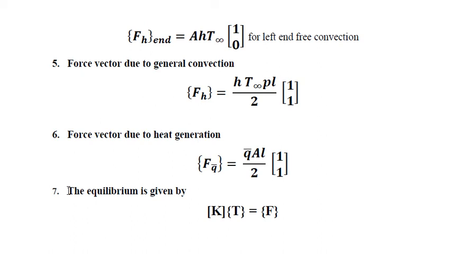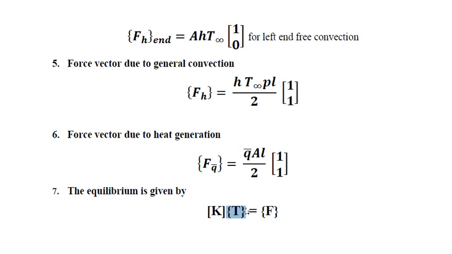Next, the equilibrium equation. We know that for bars we wrote the equilibrium equation as K Q is equal to F. Similarly, here the expression for equilibrium is K into T, where in place of Q we write T. T is the temperature vector.